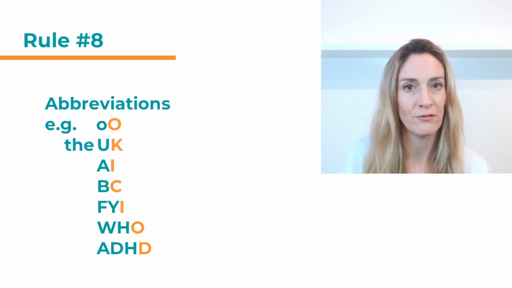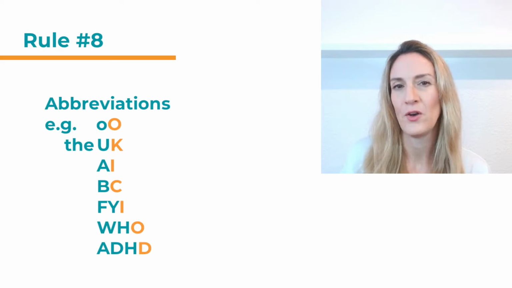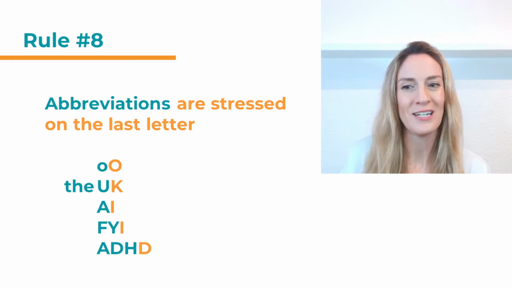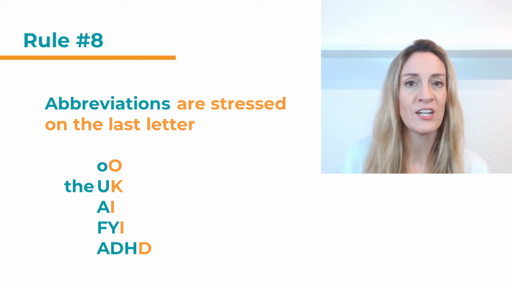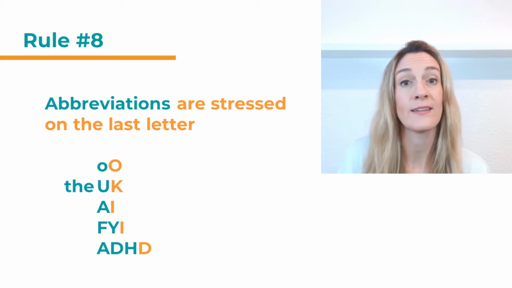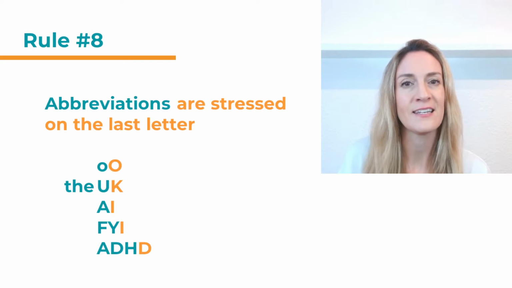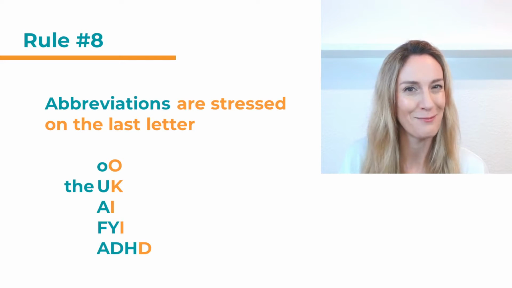No, that is not correct. And BC, not BC. No. So all of the abbreviations are usually stressed on the last letter. And of course, we have abbreviations with only 2 letters, but there could be some with 3 or even 4. In every case, it is the last letter that carries the main stress, usually.